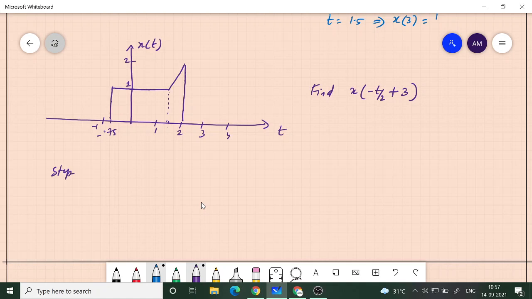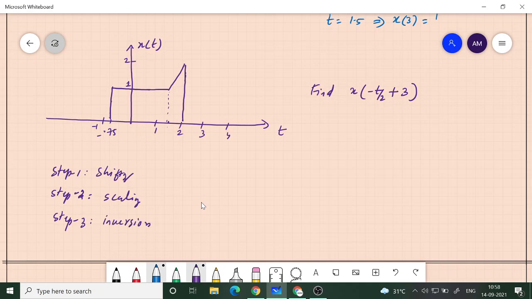Step 1 was shifting. Then step 2 was scaling. Then step 3 was time scaling and time inversion.